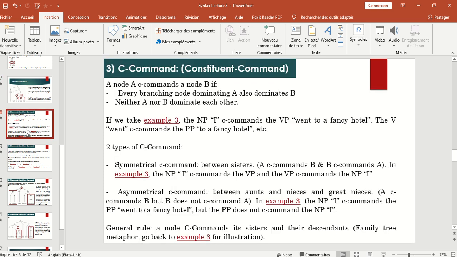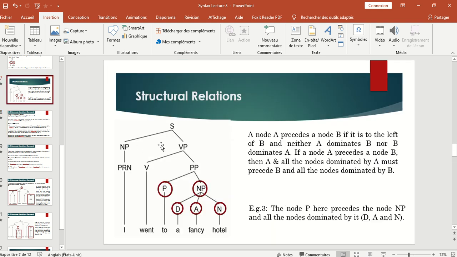Now there are two types of c-command. Symmetrical c-command between sisters. These are the examples we've been seeing. A c-commands B and B c-commands A. So for example here we said NP c-commands the VP and also the VP c-commands the NP.